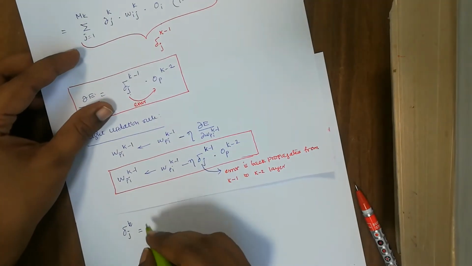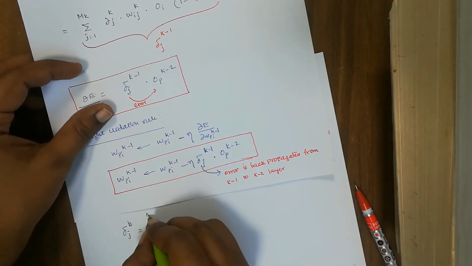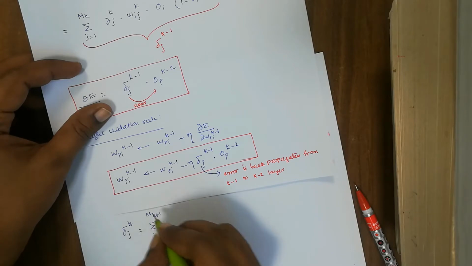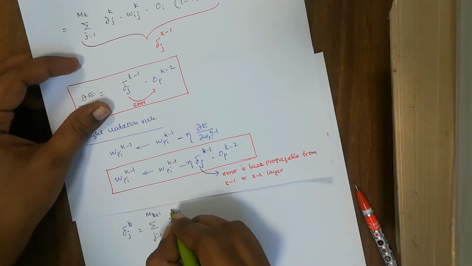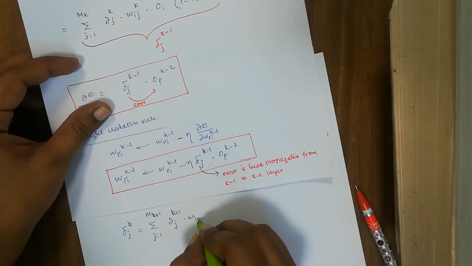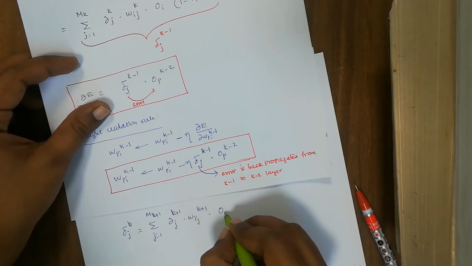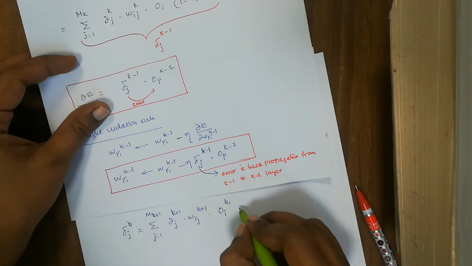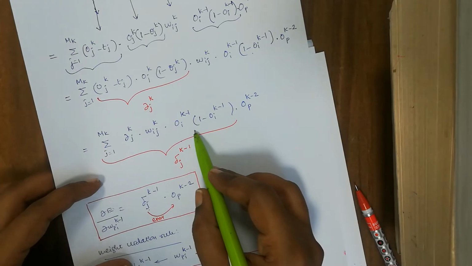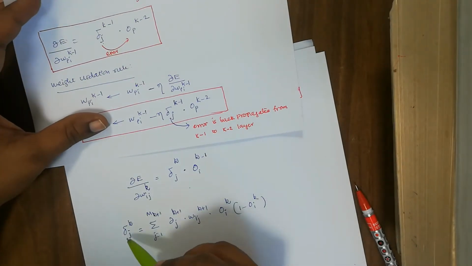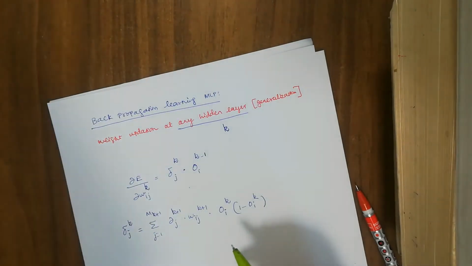I can write del jk as the summation over j equal to 1 to mk plus 1 of del j k plus 1, times Wij k plus 1, and then oi k times 1 minus oi k. From this term we can write what is del jk. So from these two I have rewritten this.